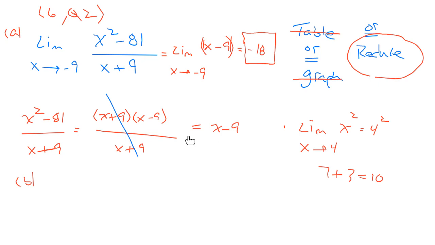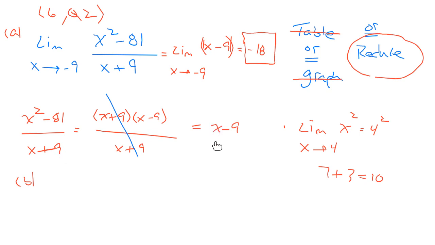No. Or I'll tell you what I'm getting at. If you put in, you see this formula here? If you put negative 9 into this formula, what do you get? You get 0 over 0, which is what? It's DNE. There's no answer to that.